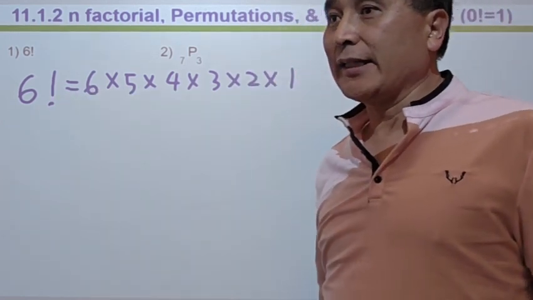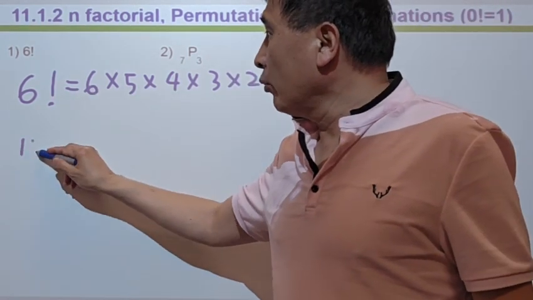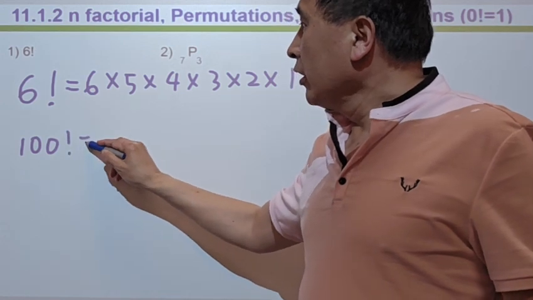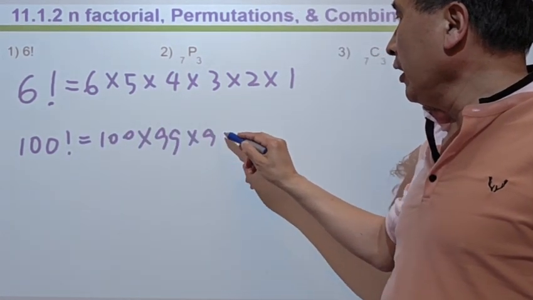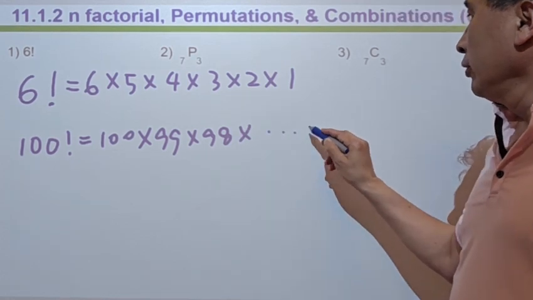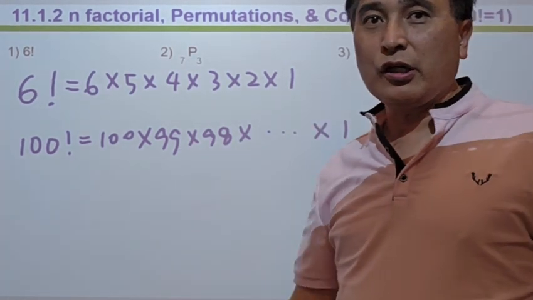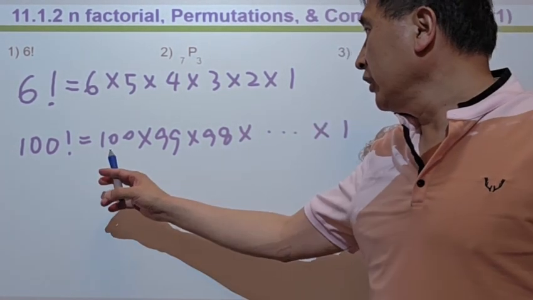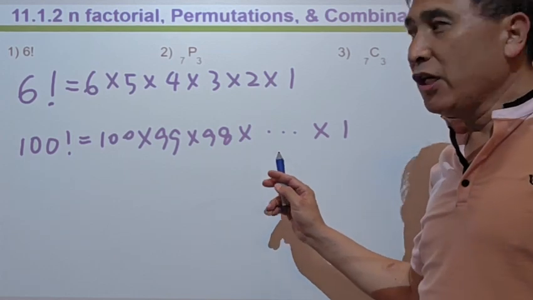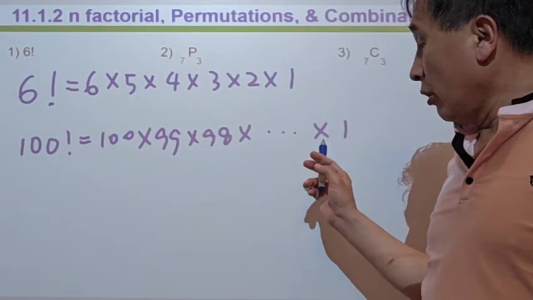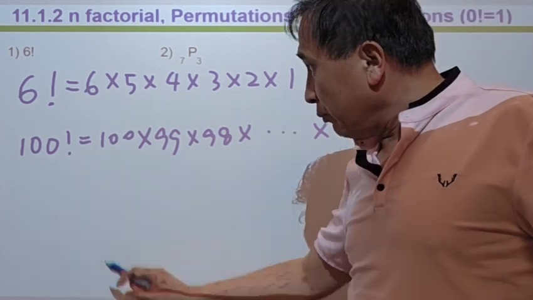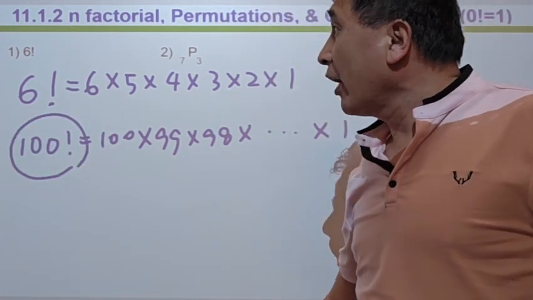So for example, 100 factorial is 100 times 99 times 98, and you keep multiplying down to 1. Even with a big computer, this number is too big. You cannot even write it out, it has too many digits. So we simply write 100 factorial.